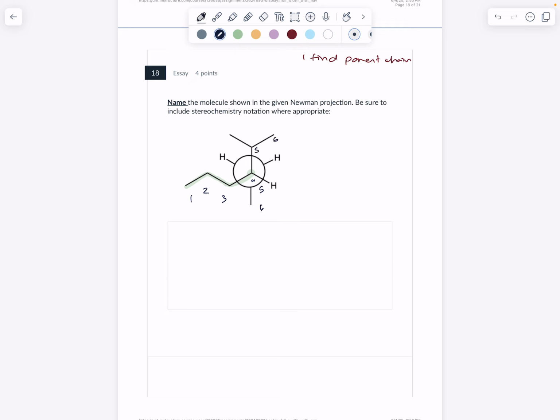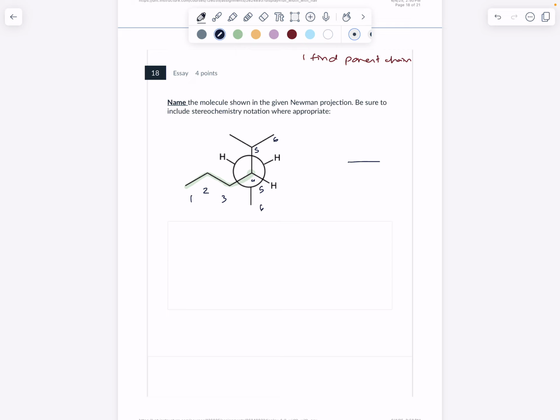It seems to me like either of these is going to give us 6 carbons. So for me, an easier way to draw this type of problem, when it could go either way, is to actually draw the Newman projection out.